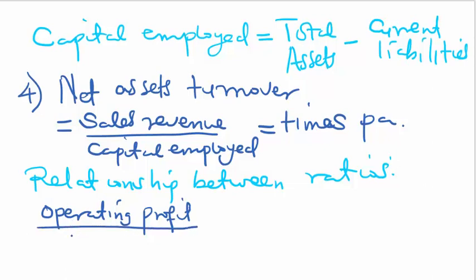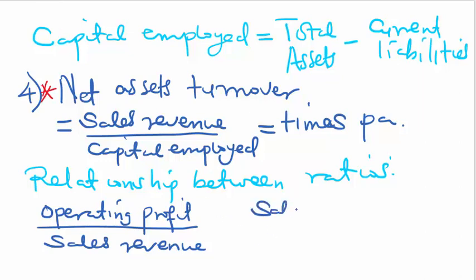And then give me the formula for net assets turnover. We know that net assets turnover is given by sales revenue over capital employed, right?